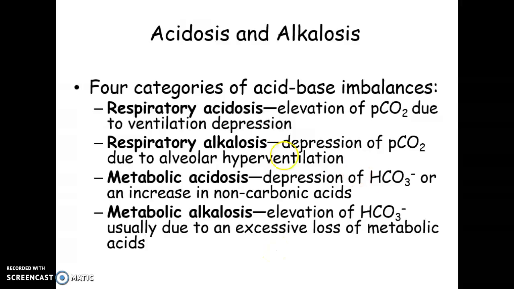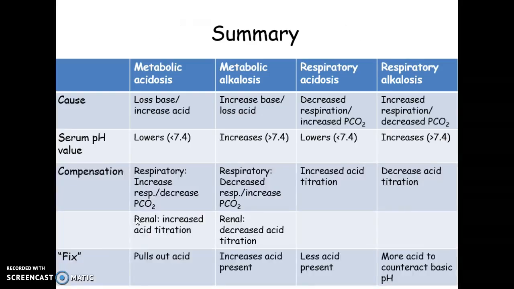But again, looking at respiratory versus metabolic, something is going on in the lungs with respiratory, something is going on somewhere else in the body if it's metabolic. Again, this is a summary that you have in your PowerPoint slides.